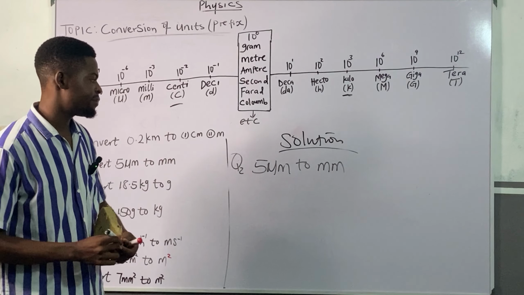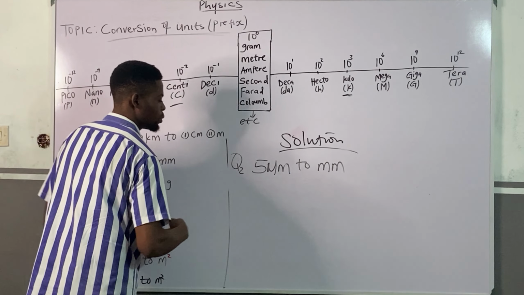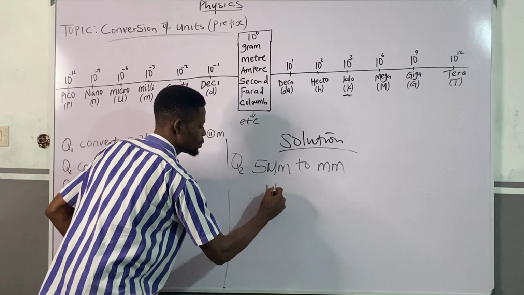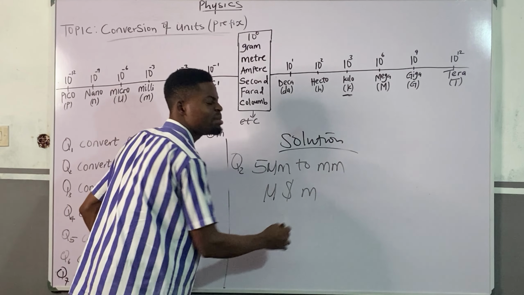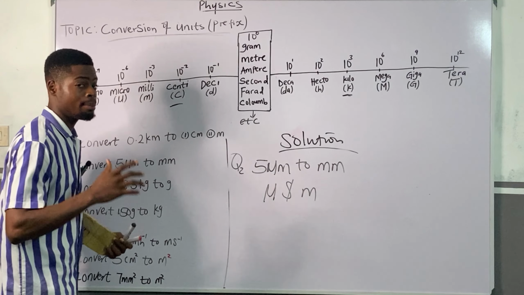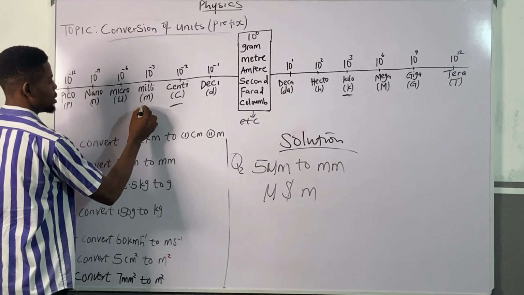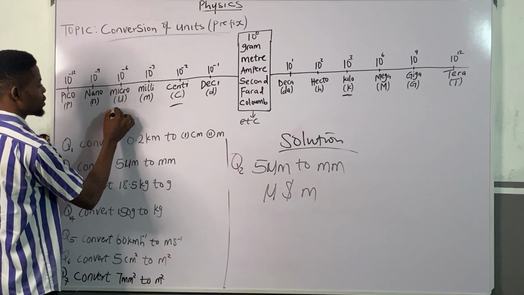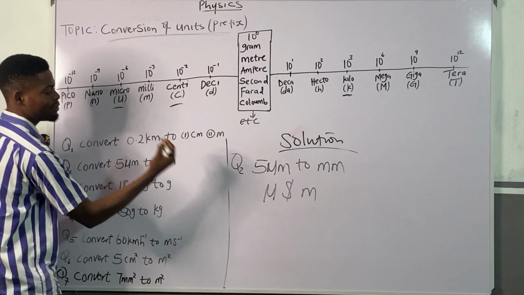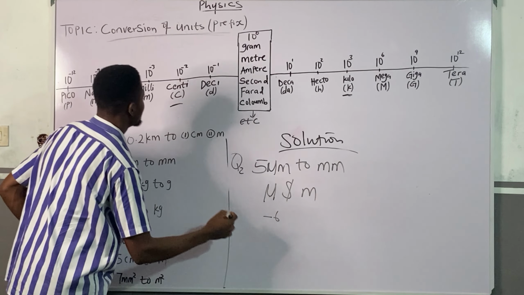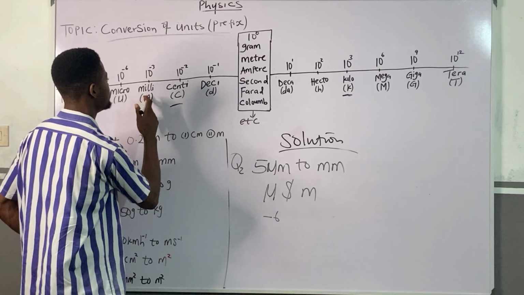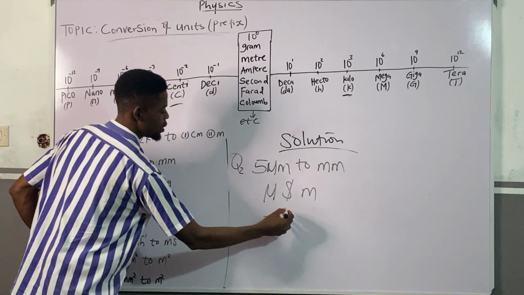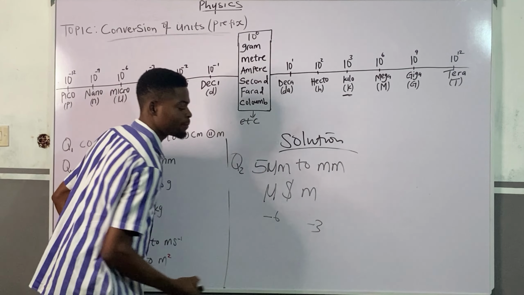Now here we have micro and milli. Your micro is somewhere here, which is -6, and your milli is somewhere here, which is -3.